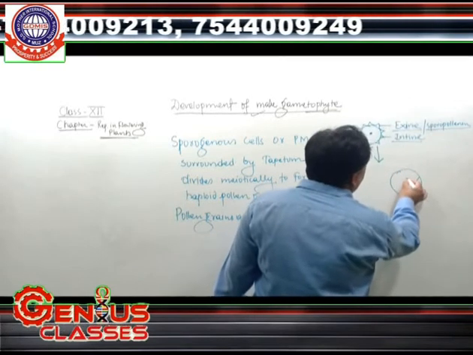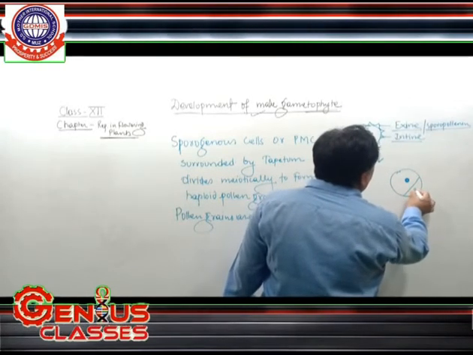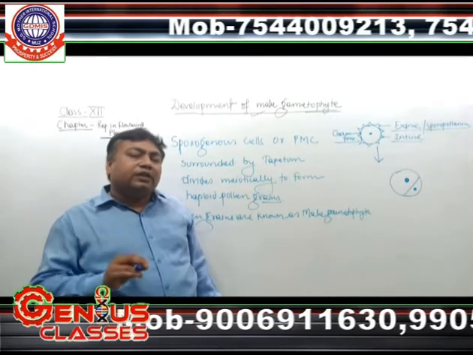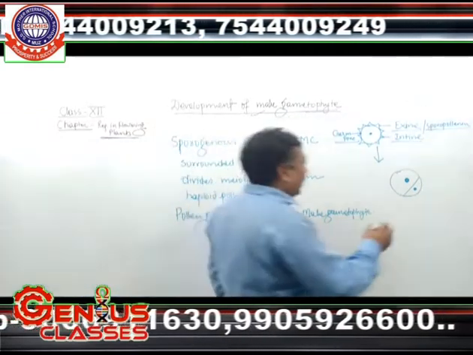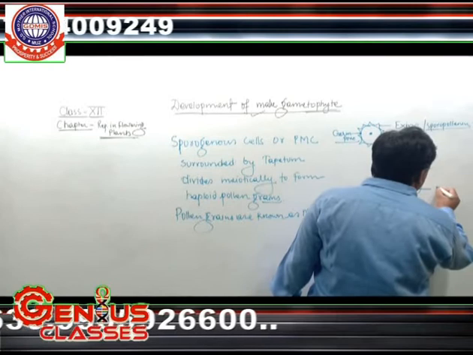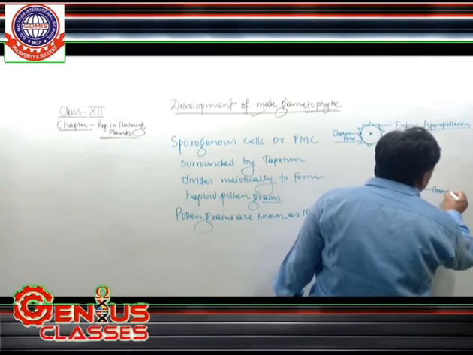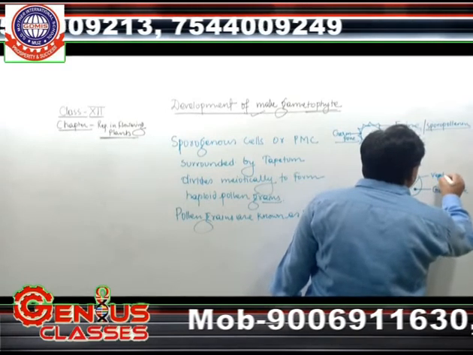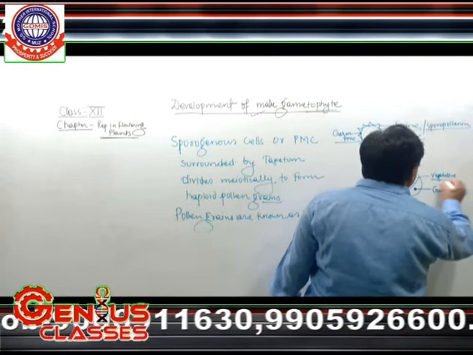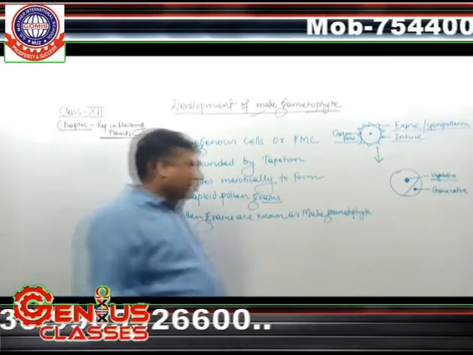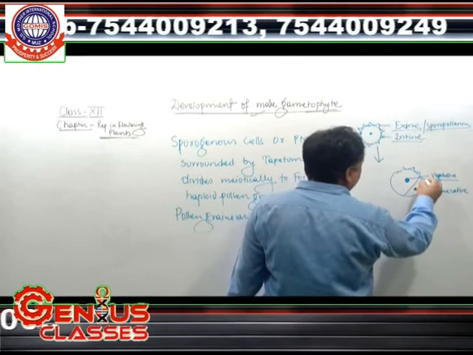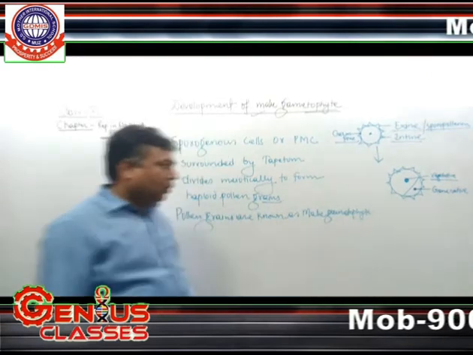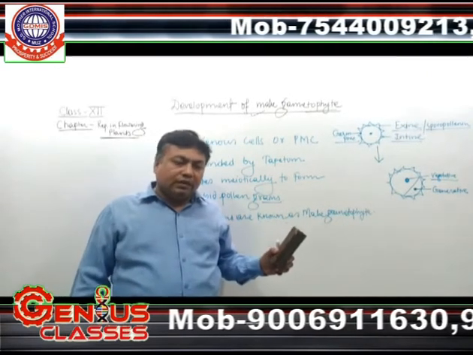The bigger part forms the vegetative cell and the nucleus is called the vegetative nucleus, and the smaller part forms the generative cell, whose nucleus is called the generative nucleus. This is called the two-celled stage of the pollen grain.